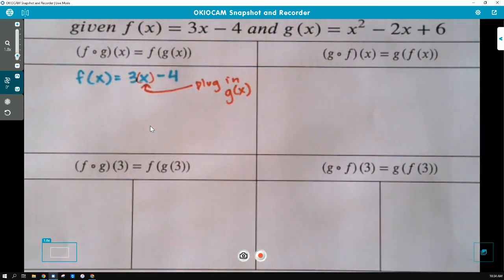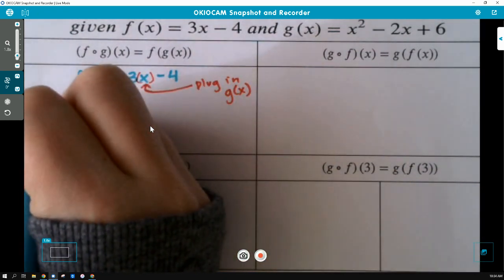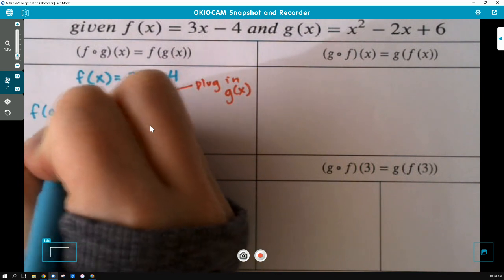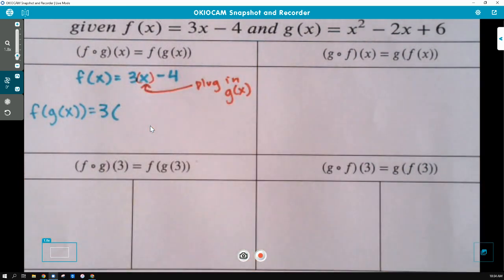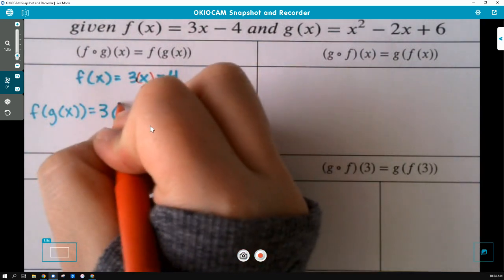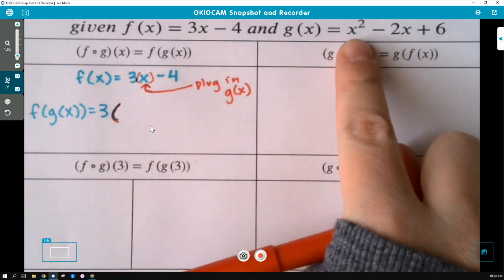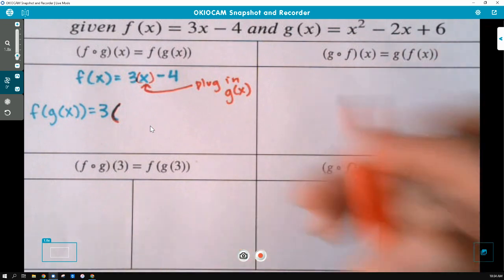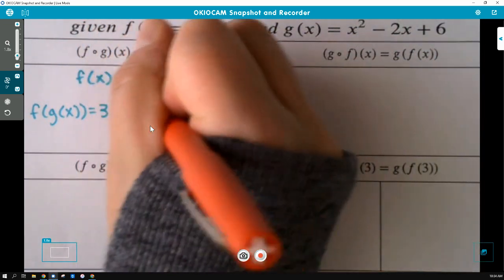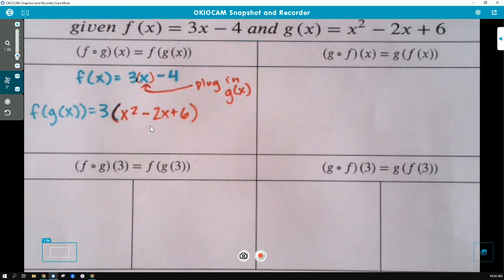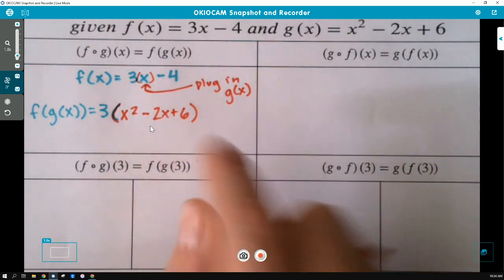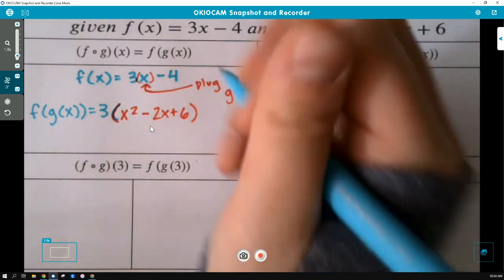So what that's going to look like is it'll be f of g of x equals 3, and I'm plugging this in. So g of x is x squared minus 2x plus 6. Anytime in life I plug something into an equation or a function, put it in parentheses. Close my parentheses, and then minus 4.